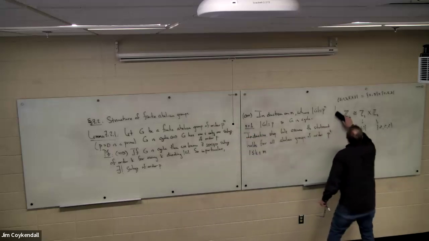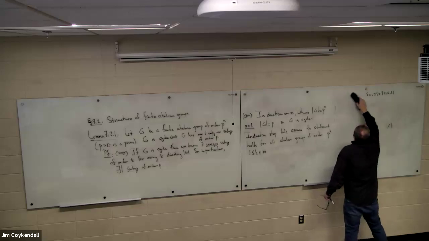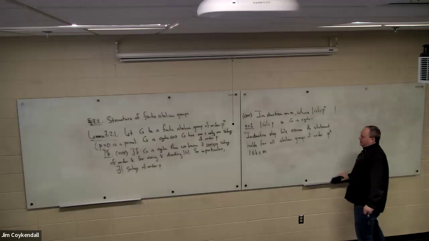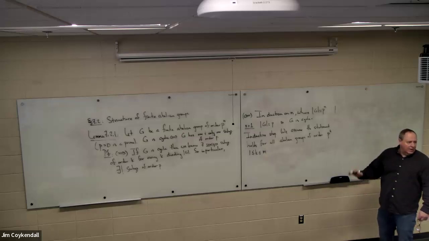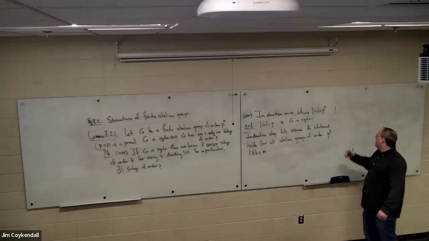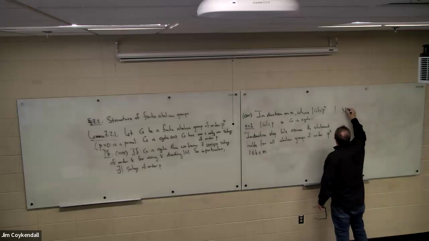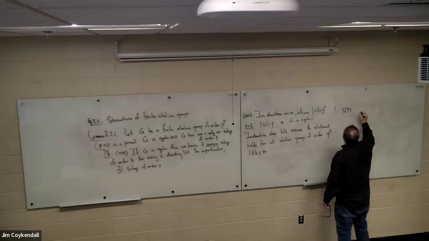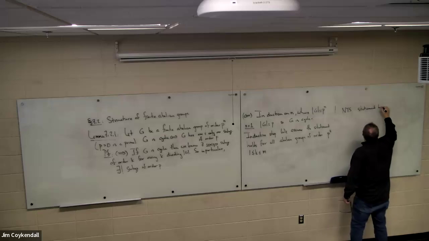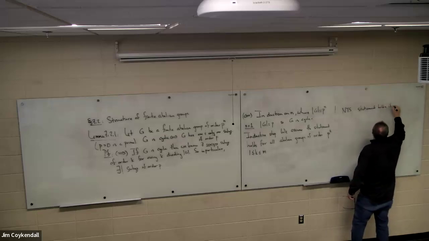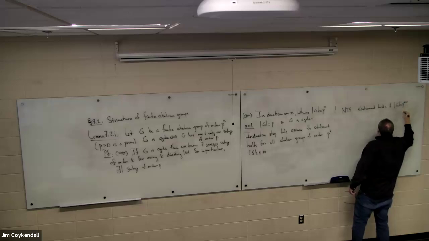Right? So we've got that it holds for P to the first power. Now we assume that it holds for all the way up to P to the m. We have to show the statement holds if the order of G is in fact P to the m plus 1.